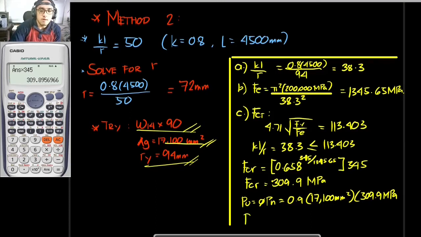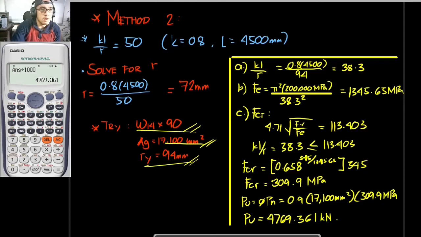So Pu is 0.9 times 17,100 times 309.9. This is in newtons, so we divide by 1,000 to convert to kilonewtons. Our Pu is 4,769.361 kilonewtons.